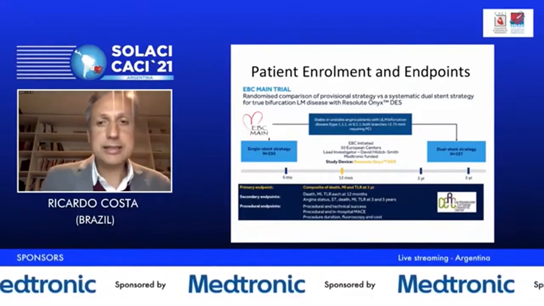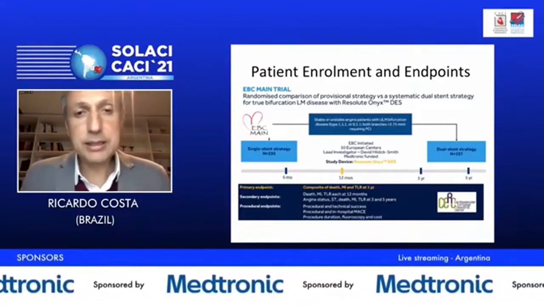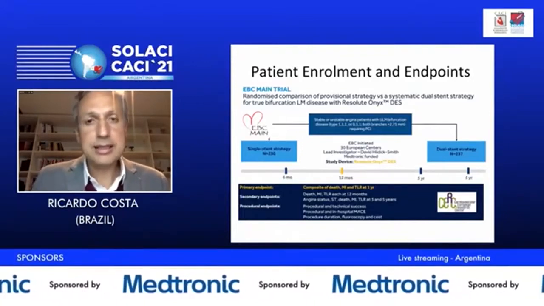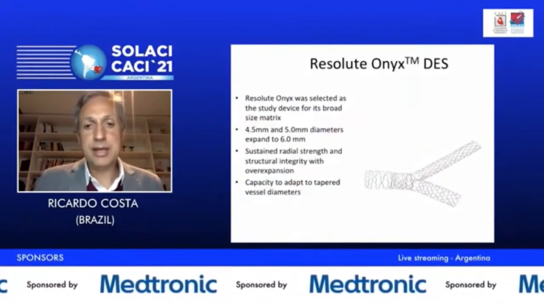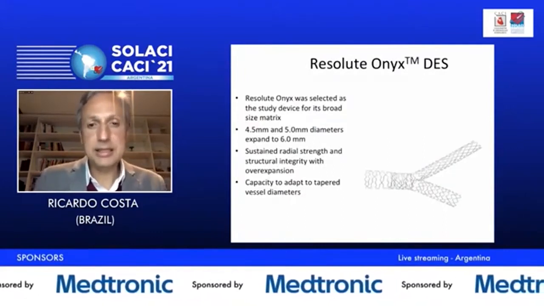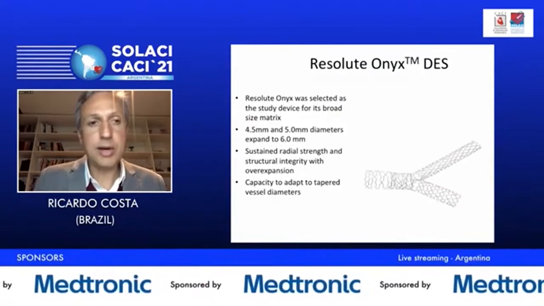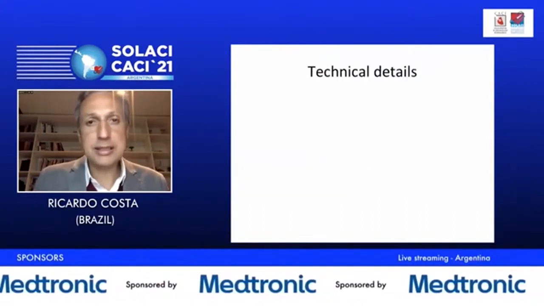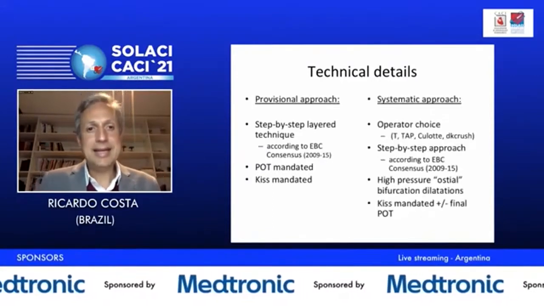It compared Resolute Onyx stents, the single stent strategy versus the dual stent strategy, with a capacity of overdilation that is pretty interesting, 4.5 millimeters and 5.0 millimeters.